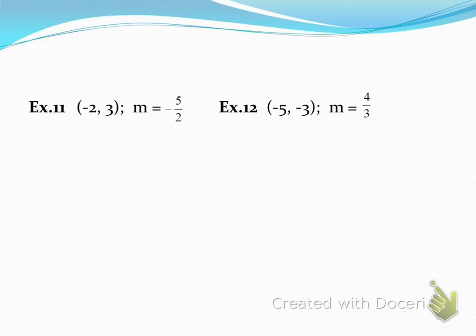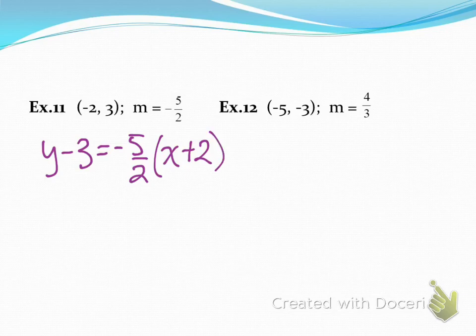All right, on number 11. Now that we're really wanting to do number 11. Lexi, what is my point slope form? Y minus 3 equals negative 5/2 times x plus 2. Good. Y minus 3 equals negative 5/2 times x plus 2. Our next step is to distribute.